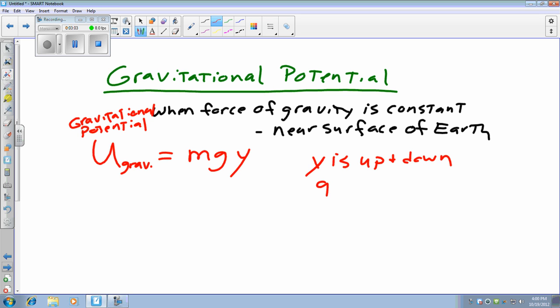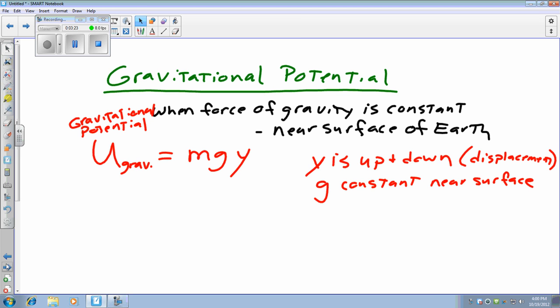Of course, g is constant near the surface, and y is your displacement from some zero. And of course, as you know, that zero is kind of arbitrary.